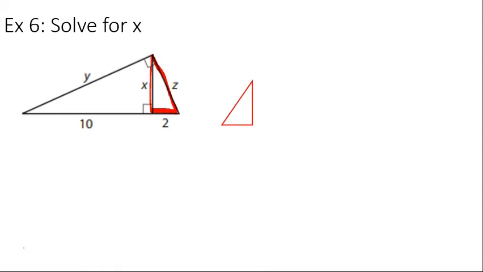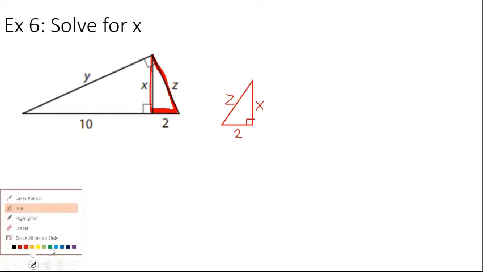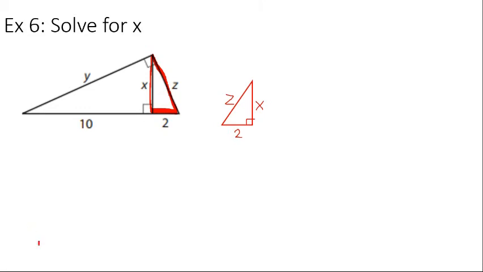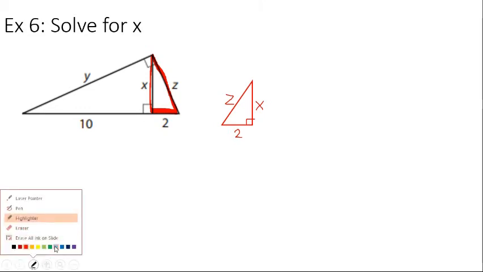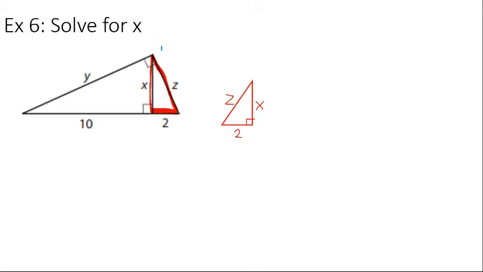Okay, so in this triangle, here's a 90 degree, which means this part right here is 2. This part over here is X, and this part over here is Z. Okay, now the middle triangle. So here I have the middle triangle, which is this one right here.